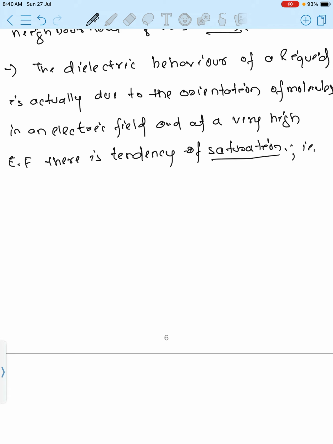And what is saturation? The dielectric constant approaches a lower limiting value.